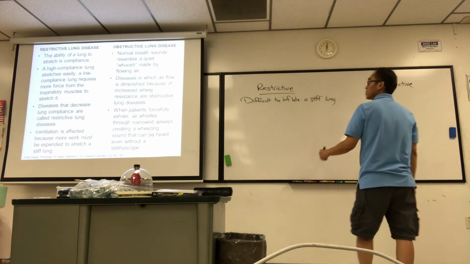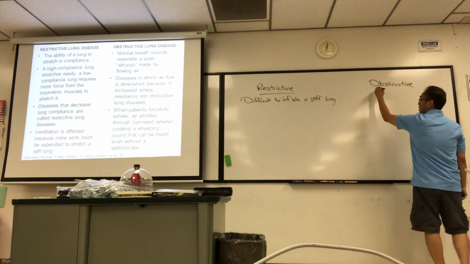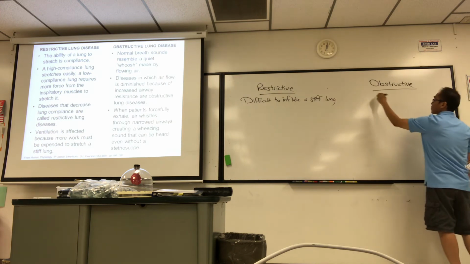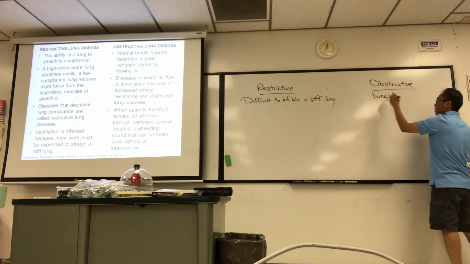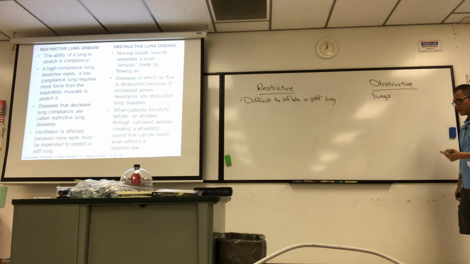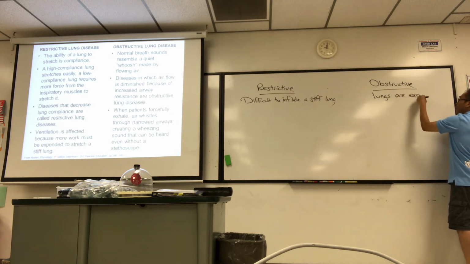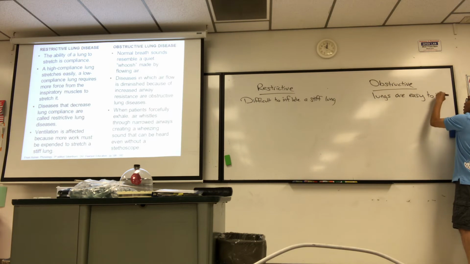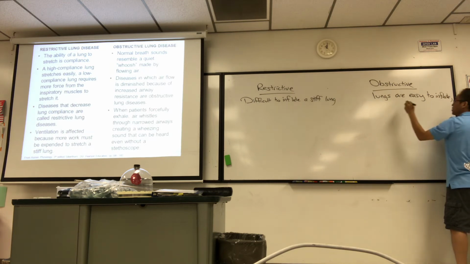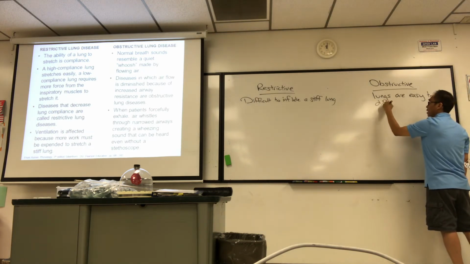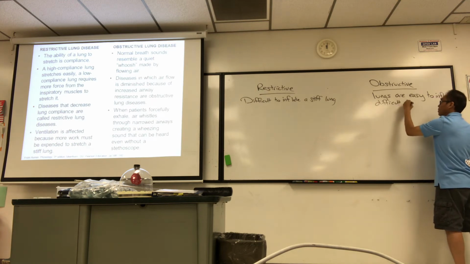So usually what we see in obstruction is lungs that are easy to inflate, but difficult to push the air out because of the wheezing. Easy to inflate, difficult to empty.